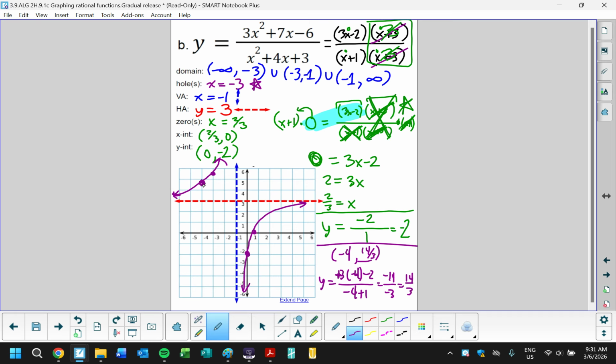Again, you notice my graph is not perfect, right? Now, why did I decide that -3 wasn't a good point? Ladies and gents, we can't literally have a point at -3. I know we actually came up with something, but if you went back to your factored form or to the original and you input -3 for x, you're going to get a big old 0.